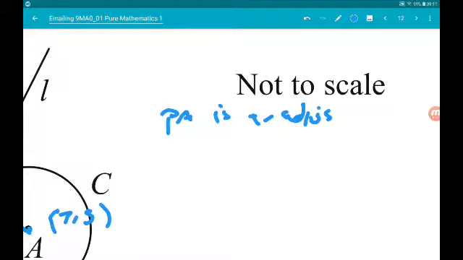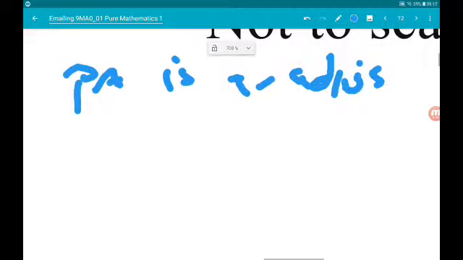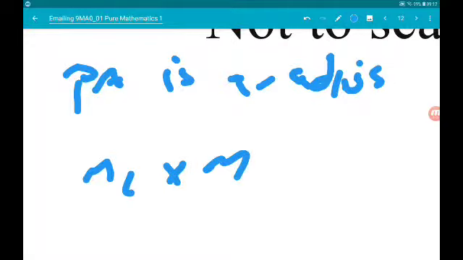Now, a radius and a tangent are perpendicular when they meet. So, the gradient of L times the gradient of PA is equal to minus 1. So let's write that down. I'm going to call that ML, gradient of L, times the gradient of PA is equal to minus 1.